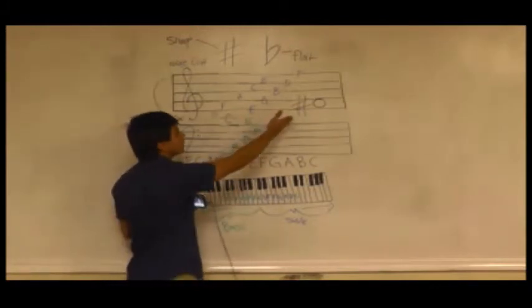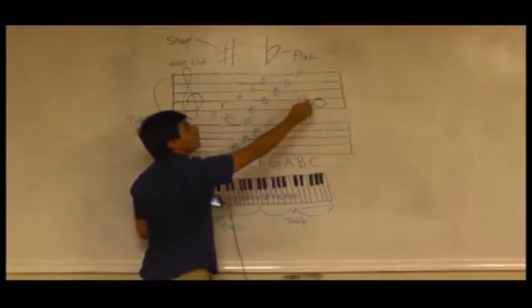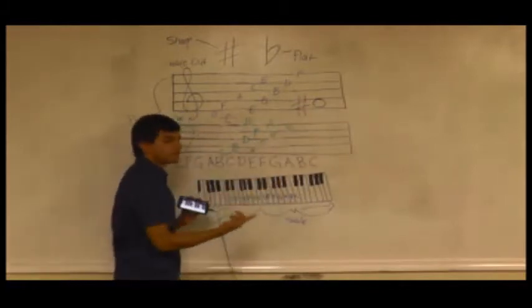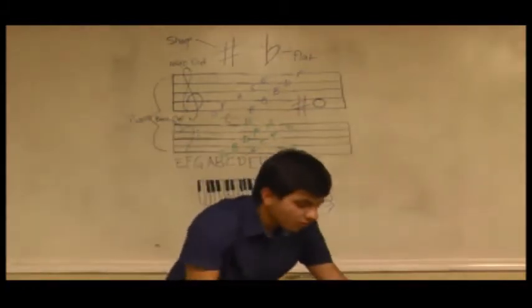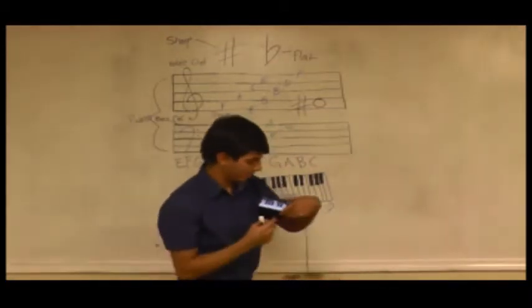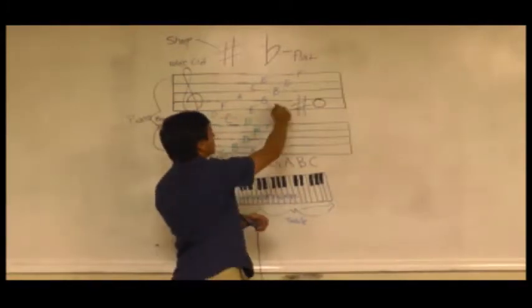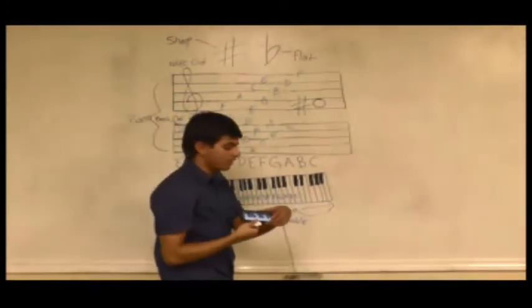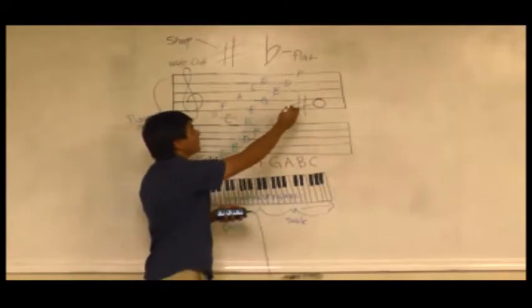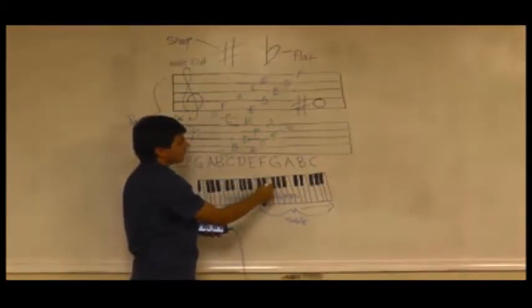So back to the symbols here. This raises whatever note is originally here by a half step. The original note here is an F. Let me play it. This F sounds like what I just played. When you add the sharp, this F now turns into this key right here.